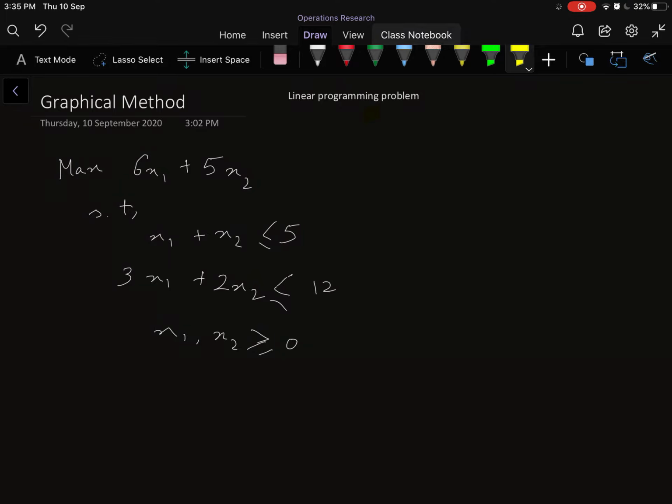Let's just look at the objective function here. It is maximize 6x1 plus 5x2. Here we have two variables x1 and x2, and both these variables have been raised to the power 1. That means this objective function is a linear function. Similarly, be it this constraint or this constraint or this constraint, in any of these three constraints we have variables x1 and x2 raised to the power 1.